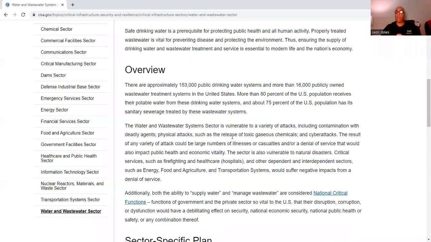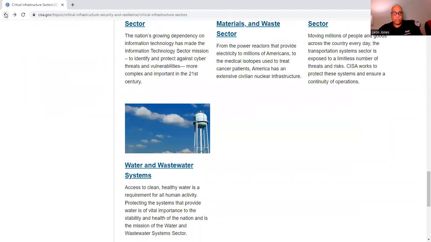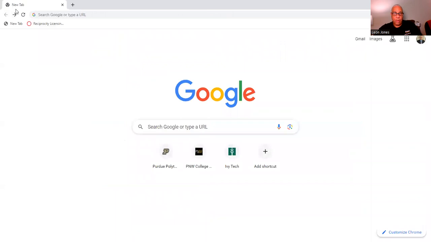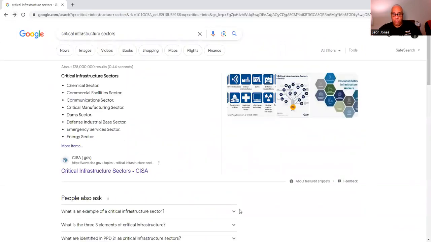So what I've just provided gave you all of the sectors and what's in these sectors. Now, again, critical infrastructure is very, very important.